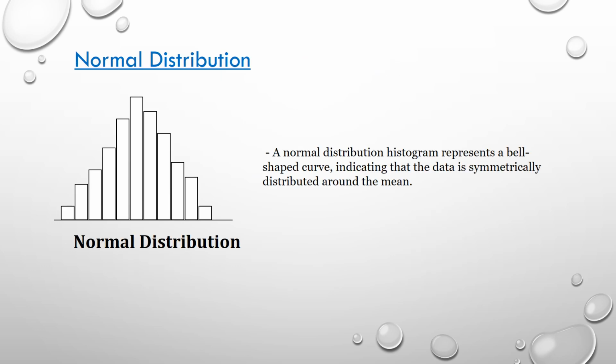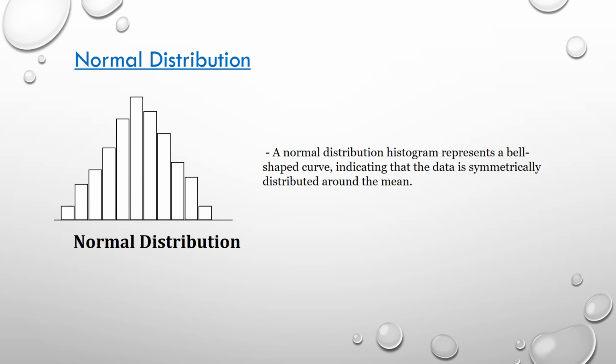Next, normal distribution. A normal distribution histogram represents a bell-shaped curve, indicating that the data is symmetrically distributed around the mean. A normal distribution, also known as a Gaussian distribution or bell curve, describes a symmetrical, bell-shaped probability distribution of a set of data.